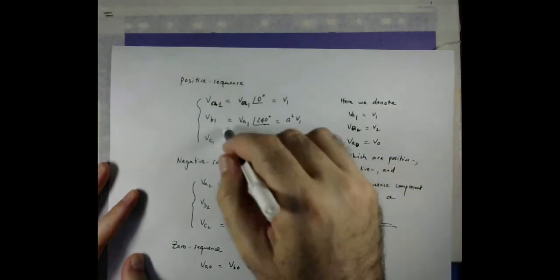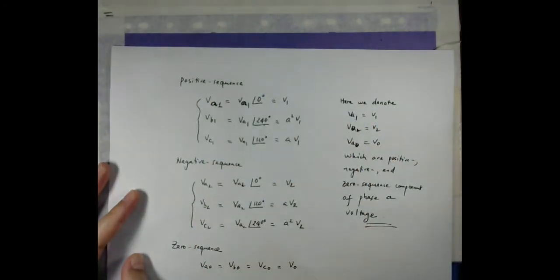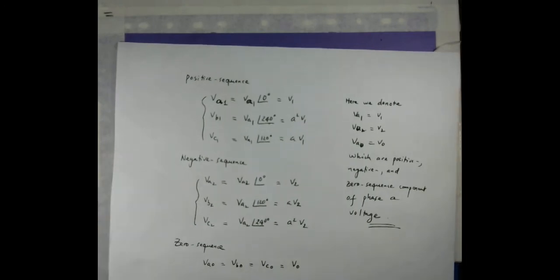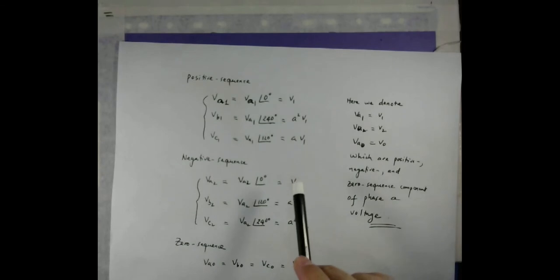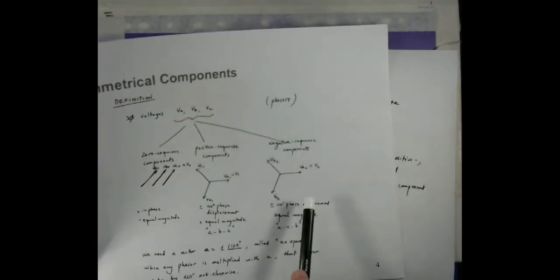So within each sequence, the magnitudes of the three components are the same. That's why they are called balanced components. Now we are talking about the negative sequence, VA2 with an angle of 0, we call it V2.